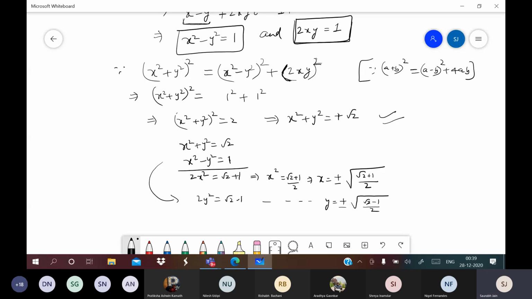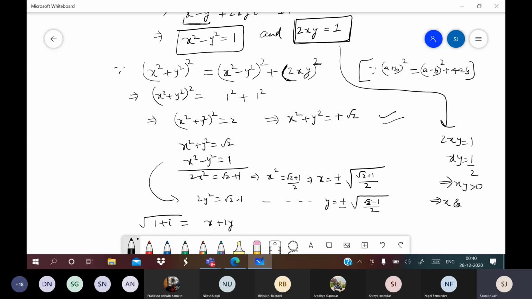So we are almost there, because we have to find the square root of 1 plus iota, which is x plus iota y. Now we can put x and y here, but listen carefully. Last thing, this 2xy is equal to 1, no? 2xy is equal to 1 means xy is equal to half, which means xy is positive, okay?